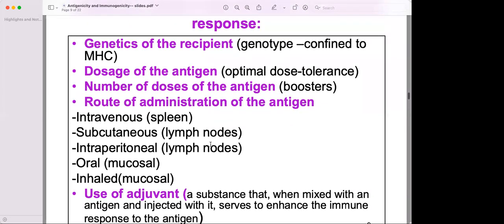The intravenous mode of introduction of a vaccine or biological agent would trigger much more immune response than the subcutaneous, the intraperitoneal, the oral, or the inhaled mode. Vaccines are being administered currently by mucosal routes, either oral or inhaled, but you must be sure that they do not stimulate the immune response as much as intravenous injection of that vaccine.